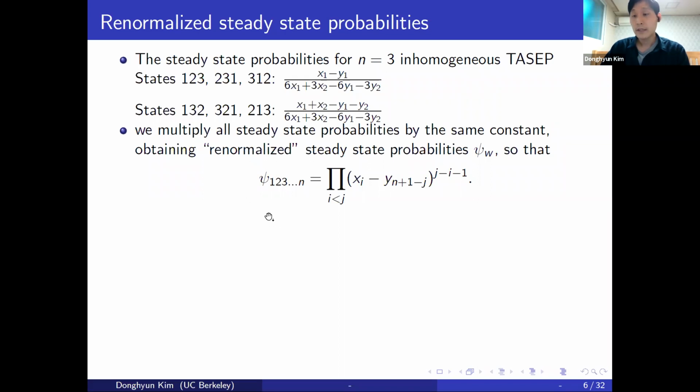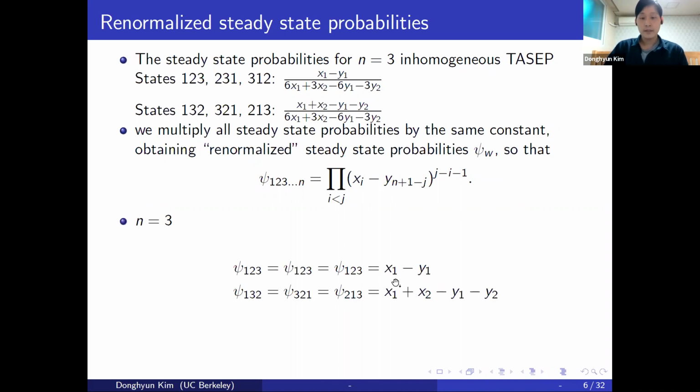After that scaling, we'll call that the renormalized steady state probabilities and denote it as psi of w. Here, w is a permutation, so psi of w is the renormalized steady state probability for the permutation w. And from now on, if I say steady state probability, then I'm saying renormalized steady state probability.